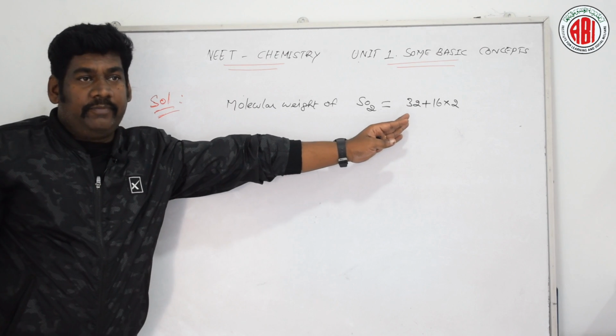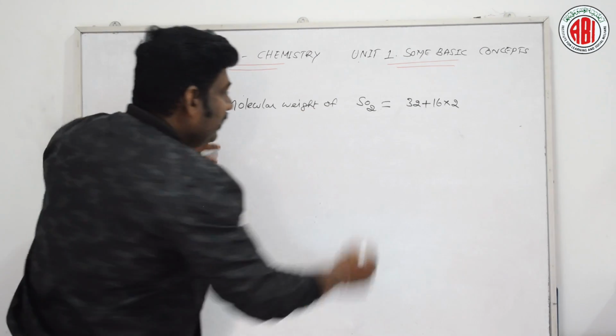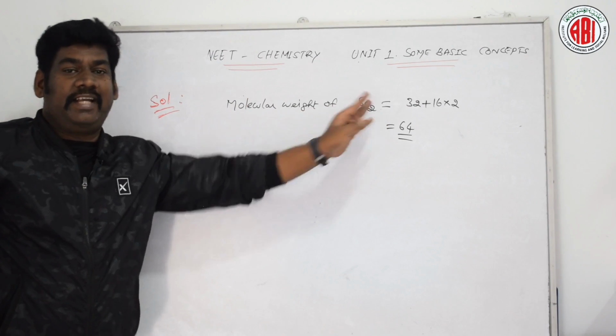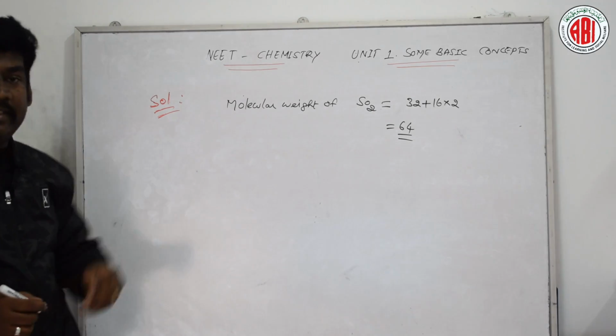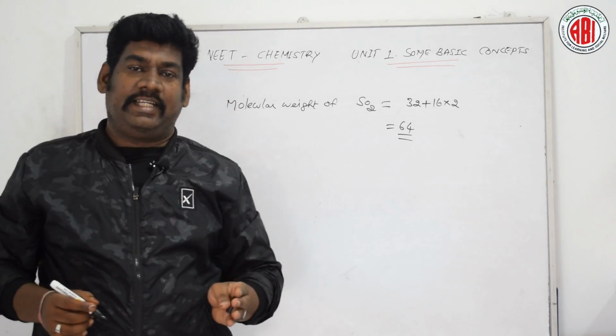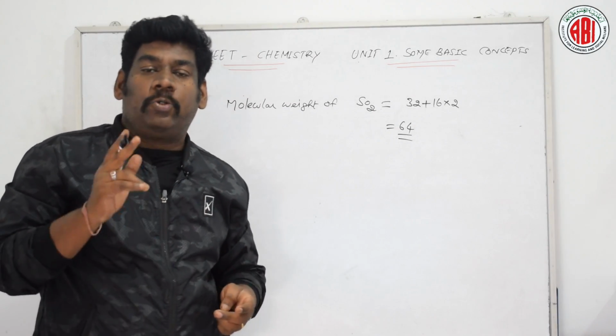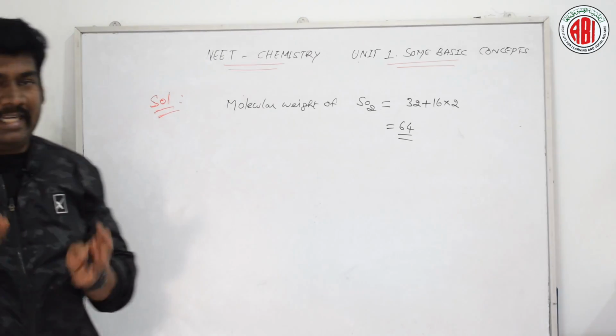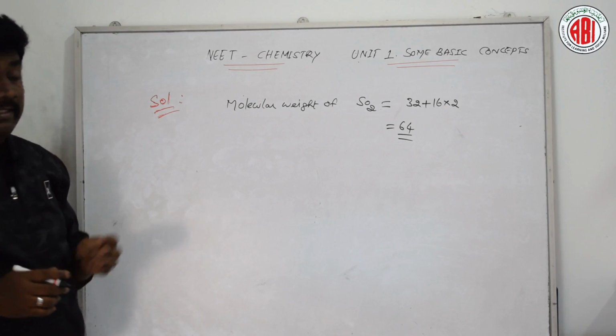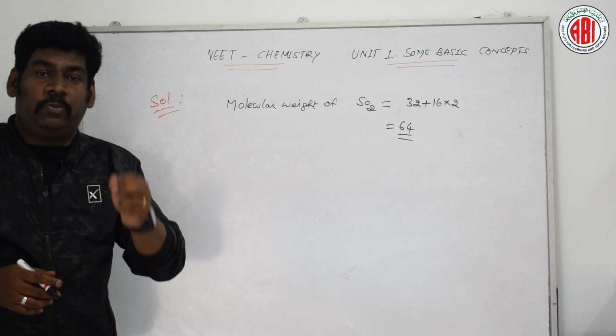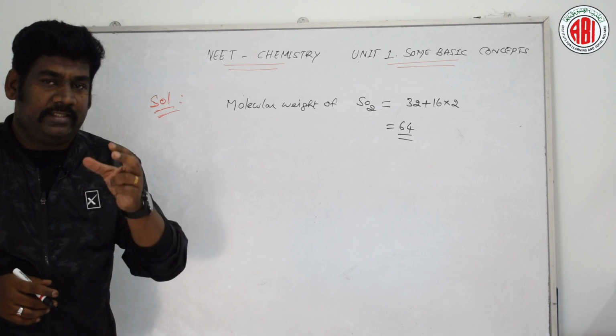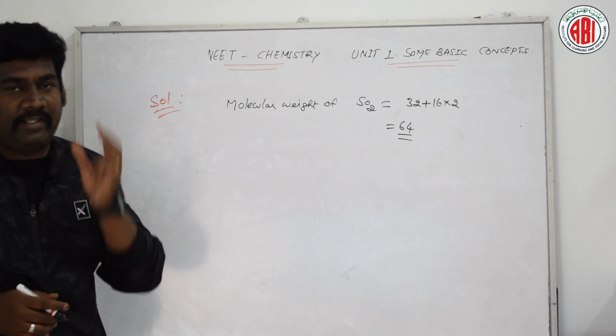Adding all this we get 64, which is the molecular weight of sulfur dioxide. Now 64 gram of sulfur dioxide occupies 22.4 liters at standard temperature and pressure. Therefore, for 240 gram of sulfur dioxide, how much volume does it occupy?